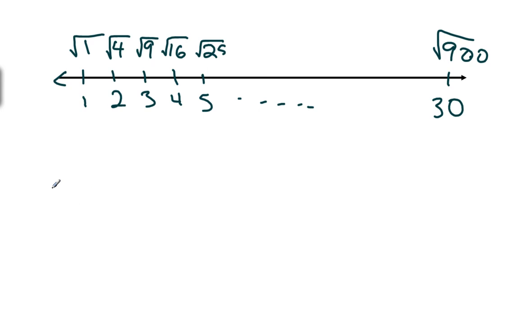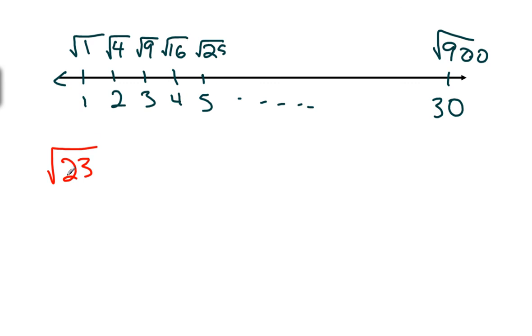So let's say they ask, what is the value of the square root of, I don't know, 23? So we look up here and we think, what two numbers does it fall in between? 25 is a little bit bigger than 23, and 16 is a little bit less than 23, which means this has to fall somewhere in between 4 and 5.